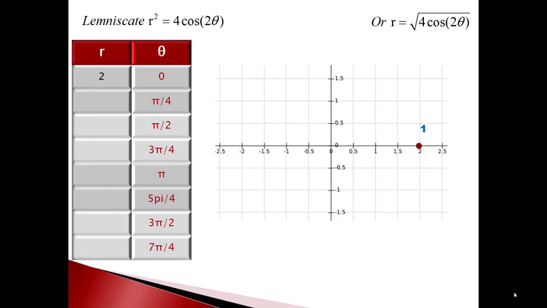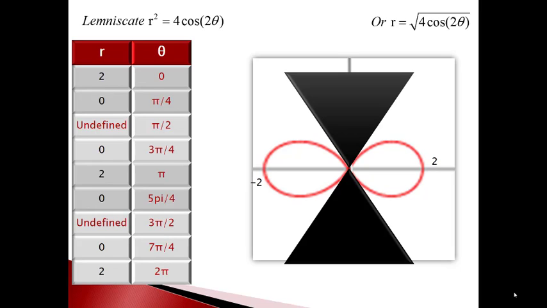The first point, the second point is the pole, the third point is undefined, the fourth point is the pole, the fifth point, the sixth point is the pole, the seventh point is undefined, the eighth point is the pole. Connecting the points by order, we obtain a lemniscate. The black zone is the zone where r is not defined.